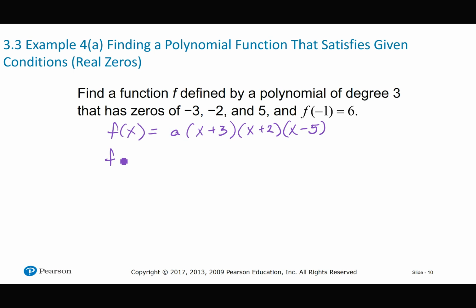So if it's saying that f of -1 equals 6, that's saying if I put in -1 for all my x values and solve that, that will tell me what a is. So f of -1, that -1 represents my x's, equals 6.